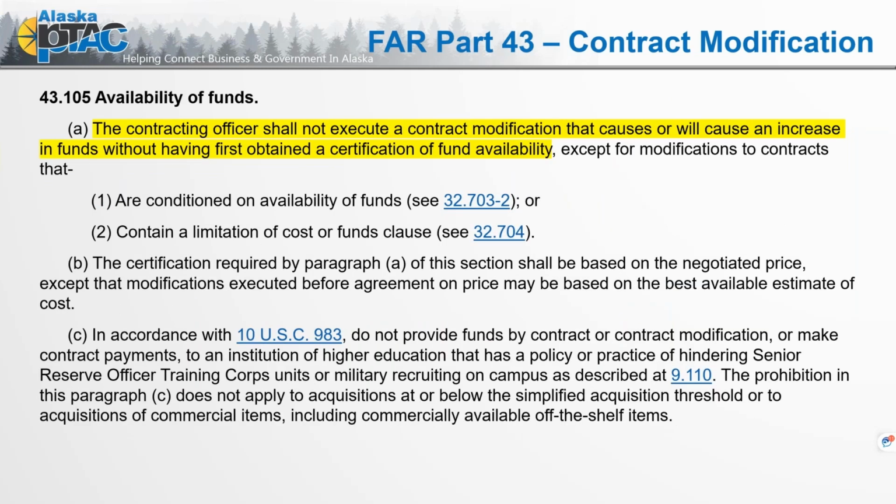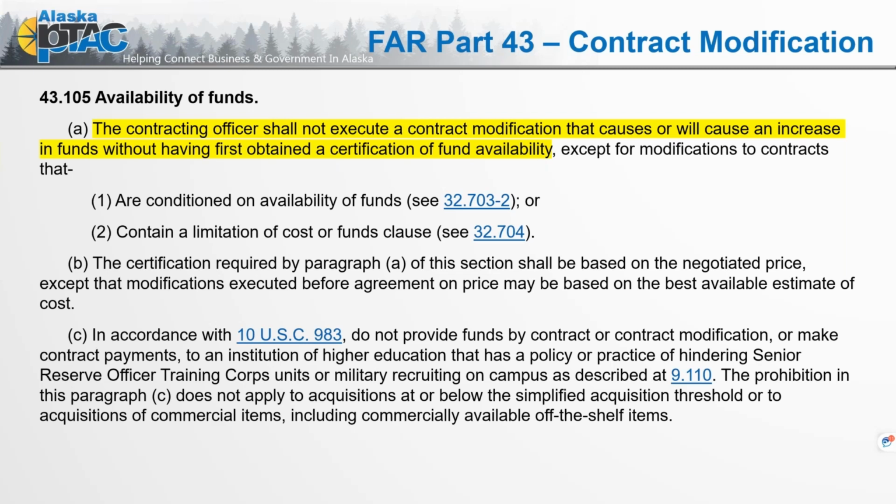All right, availability of funds. This is really critical. If we are going to begin to negotiate, first, the contracting officer shall not execute a contract modification that causes or will cause an increase in funds without first obtaining a certificate of fund availability. So part of that negotiation is what can the agency afford? Are there funds?